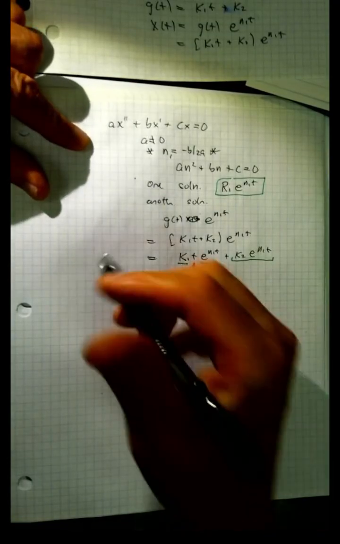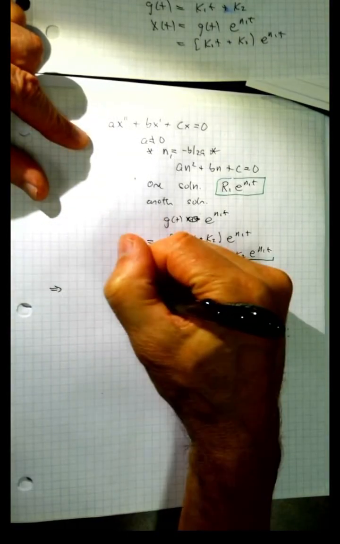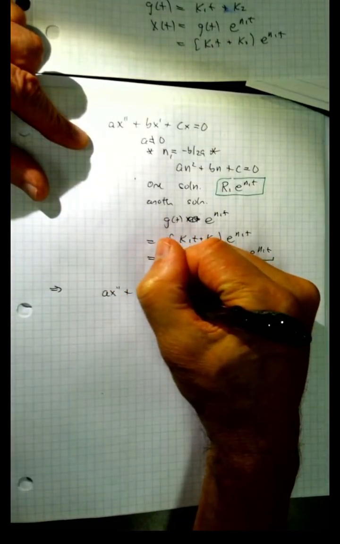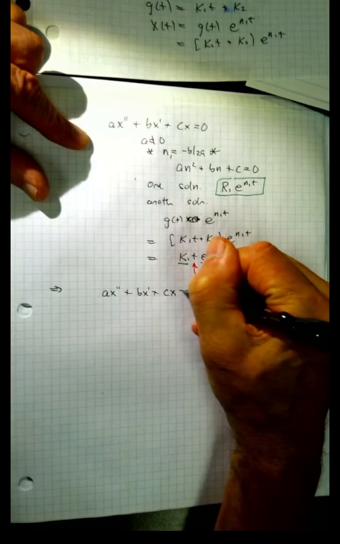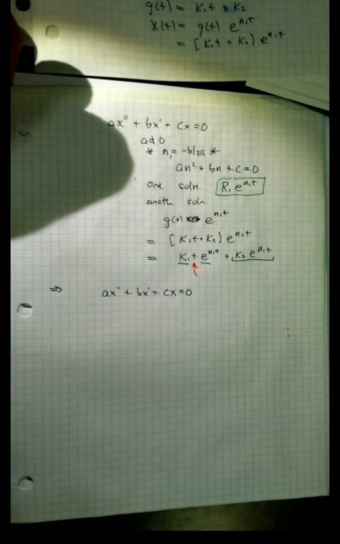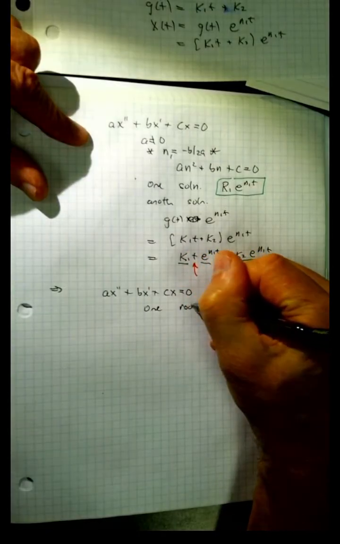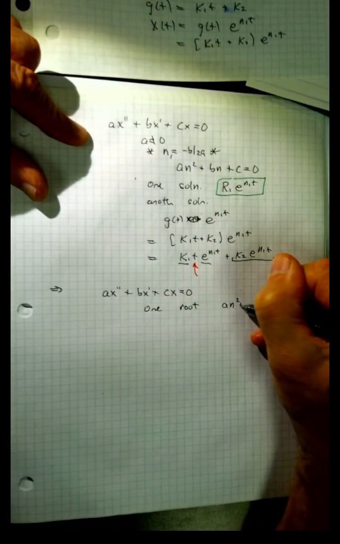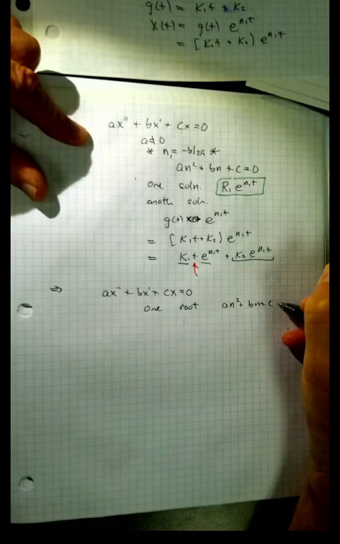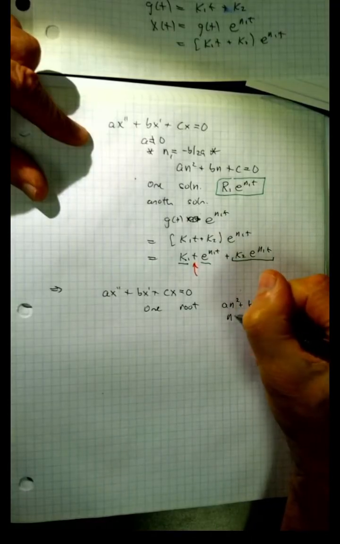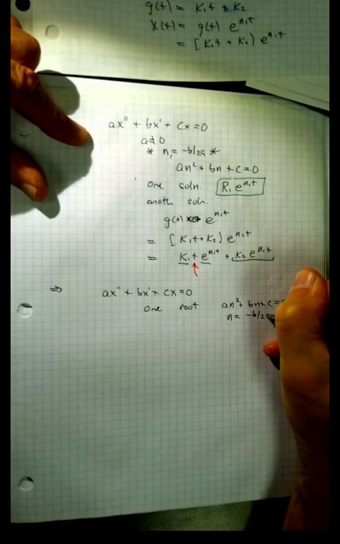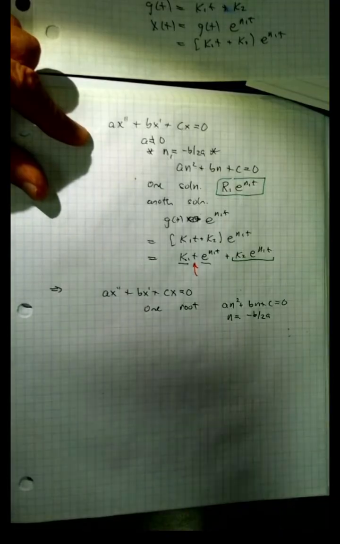So what does this mean? This means I have a constant coefficient linear homogeneous equation. I have one root to this, which implies that I can figure out what that root is.